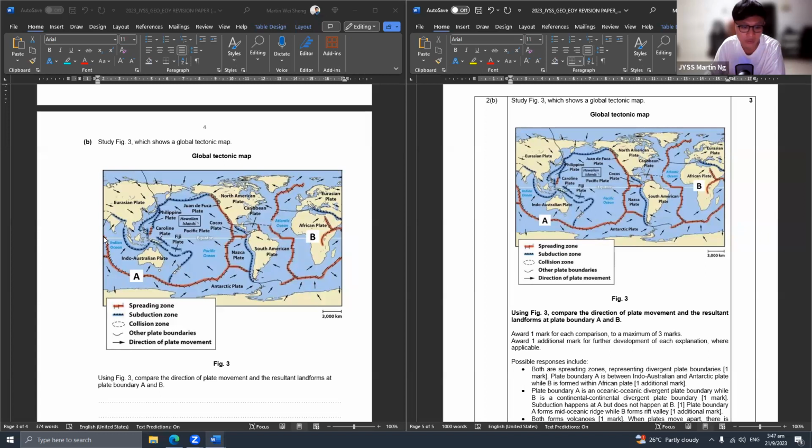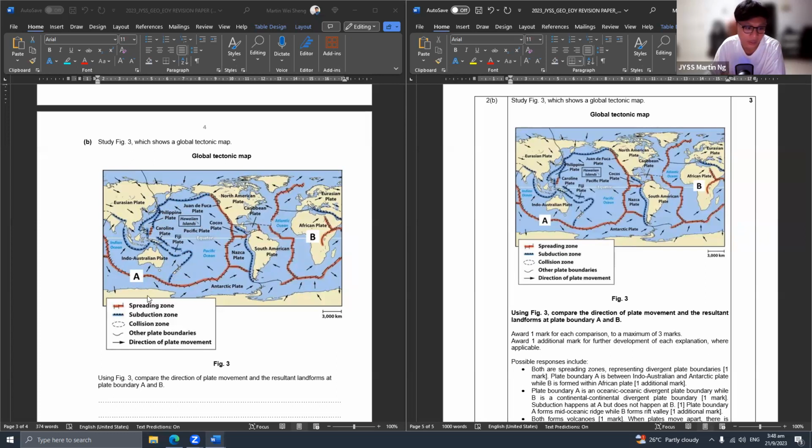If I look at this red boundary in the Indian Ocean and the Pacific Ocean, I can see that the arrows are moving away from each other. Then when I look at the convergent plate boundary at the subduction zone, if you follow my mouse, you can see that the arrows are pointing towards each other.